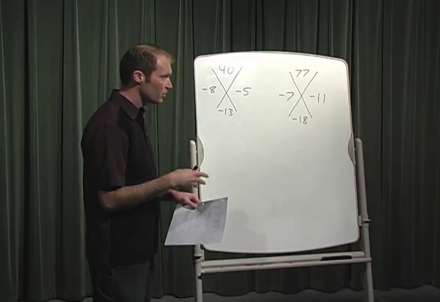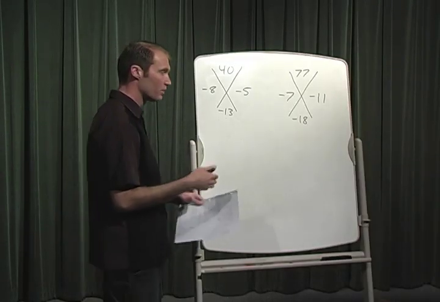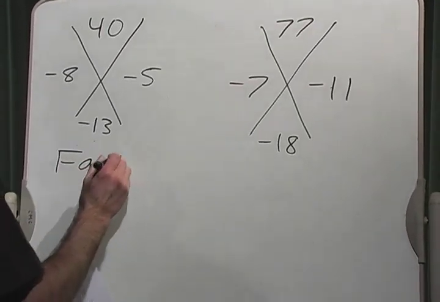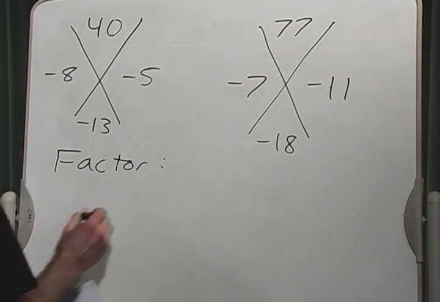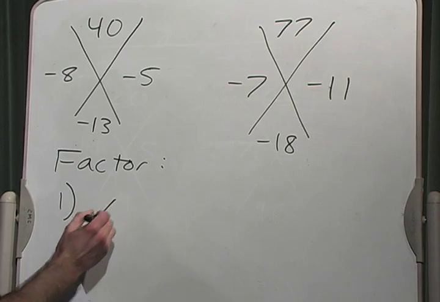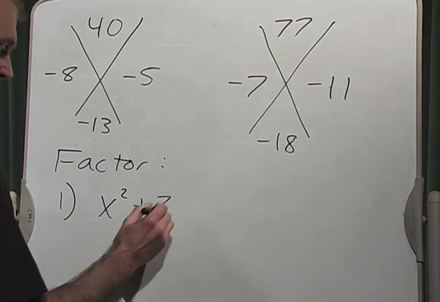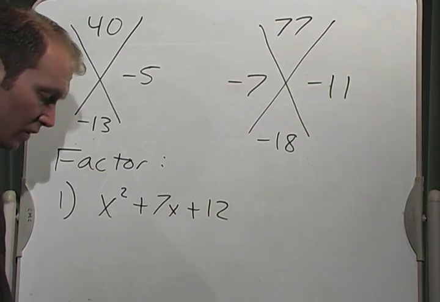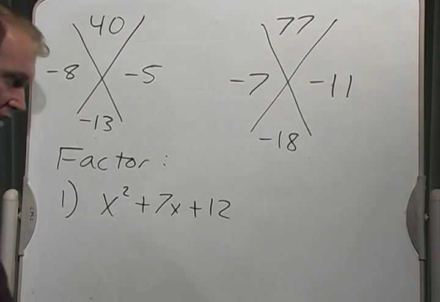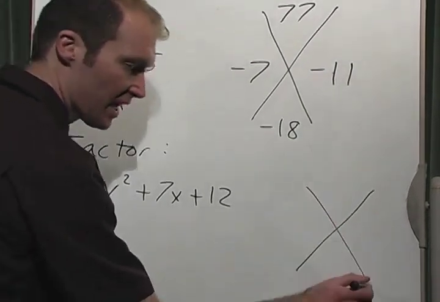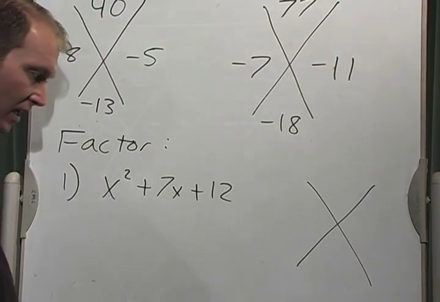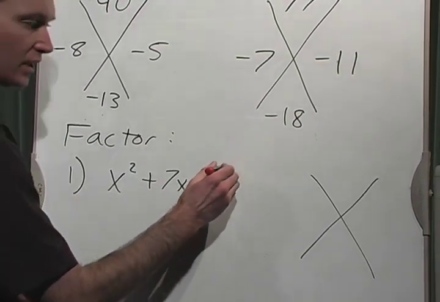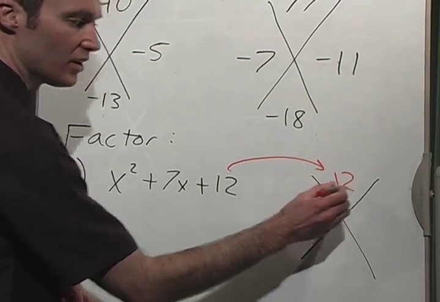Okay, so you might be wondering, what does this have to do with factoring? What I want to do is factor the following trinomials. The first one is x squared plus 7x plus 12. When it comes to a problem like this, I'm going to draw that same x, and I'm going to take this 12 and put it here.